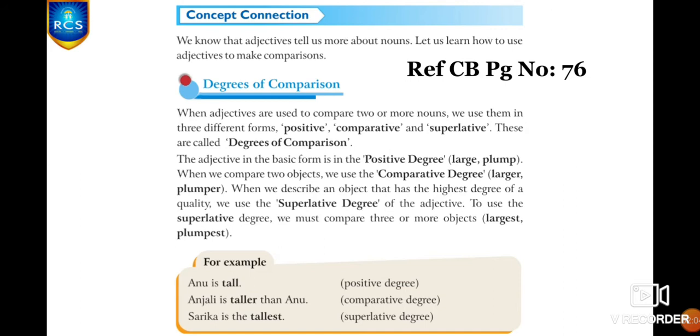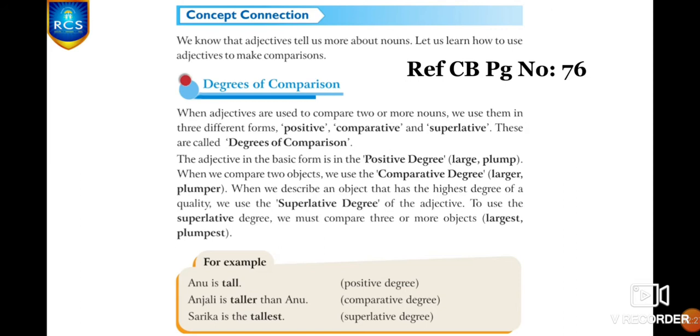And when we are comparing more than two nouns, we use the superlative degree. To use the superlative degree, we must compare 3 or more objects. For example, largest, smallest. And here they have given you some examples.